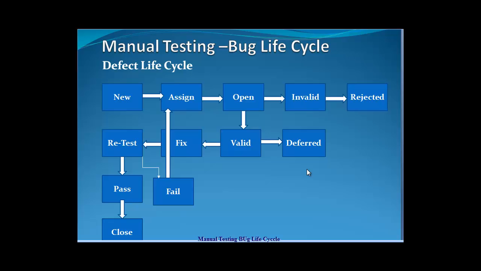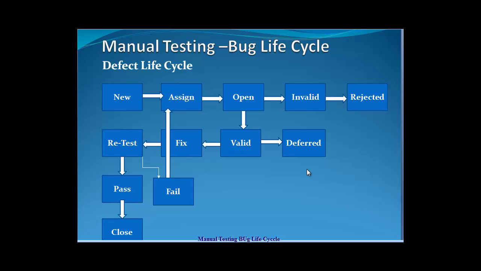Is that a cosmetic defect? Based on that severity, he prioritizes that defect and he marks deferred state for those defects which are not fixed by the developer in that particular build.